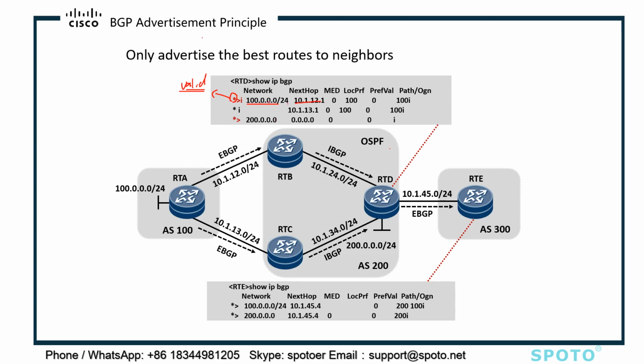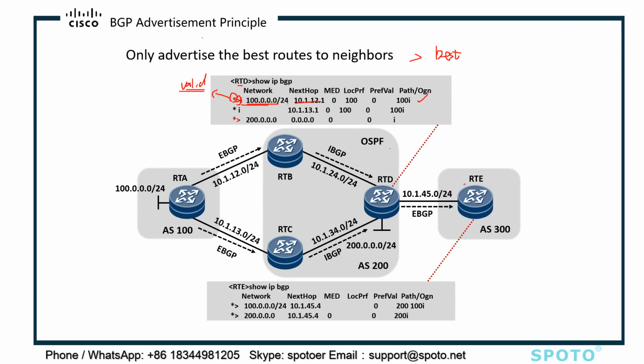As we see, we select the first route, and the first route has this symbol, which means this route is best. So RTD will just advertise this route to its neighbor.